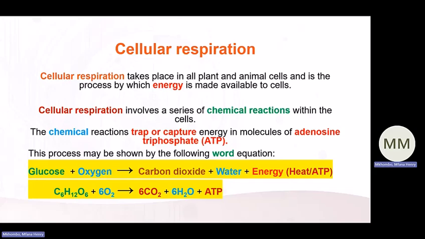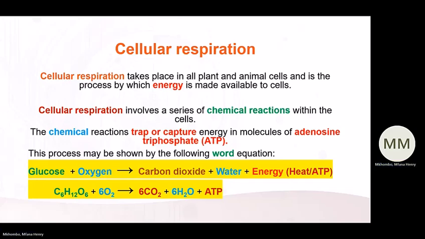Cellular respiration involves a series of chemical reactions within the cells. The chemical reactions trap or capture energy in molecules of adenosine triphosphate. This is the same energy that was produced through photosynthesis, so it is flowing from plants or producers to consumers or heterotrophic organisms.